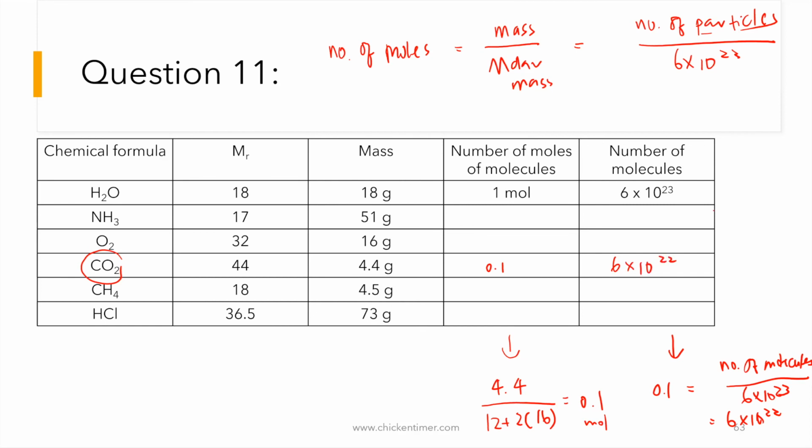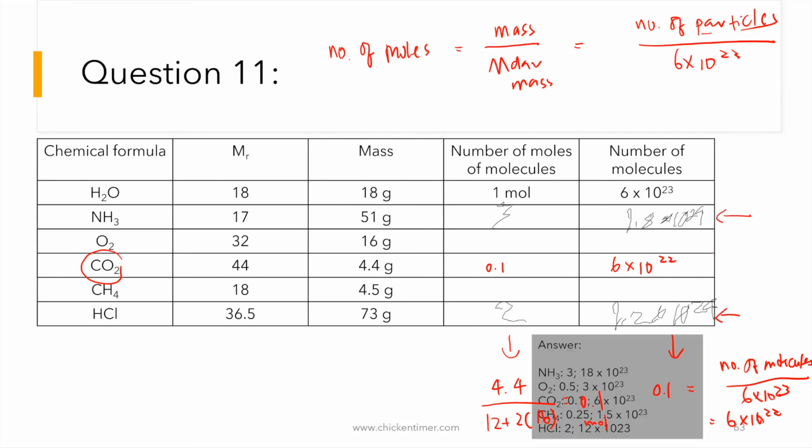We will not do all of them. Let's just do this and this. Let's check. Ammonia is 3, and what's this? Number of molecules is 3 times 6 times 10 to the power 23, so 1.8 times 10 to the power 24. Then the last one is 2 and 1.2 times 10 to the power 24.